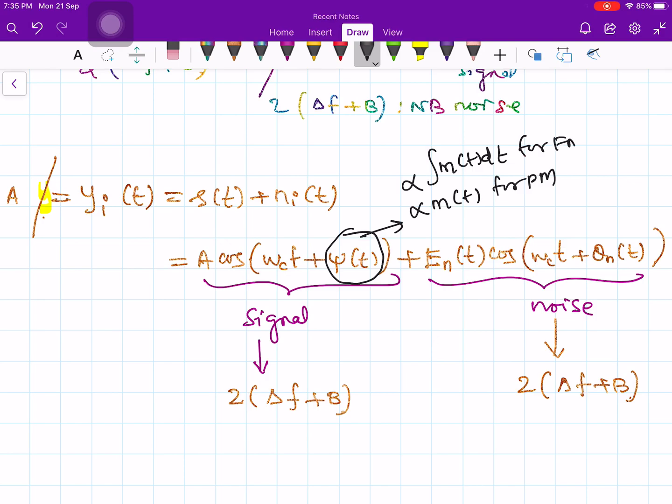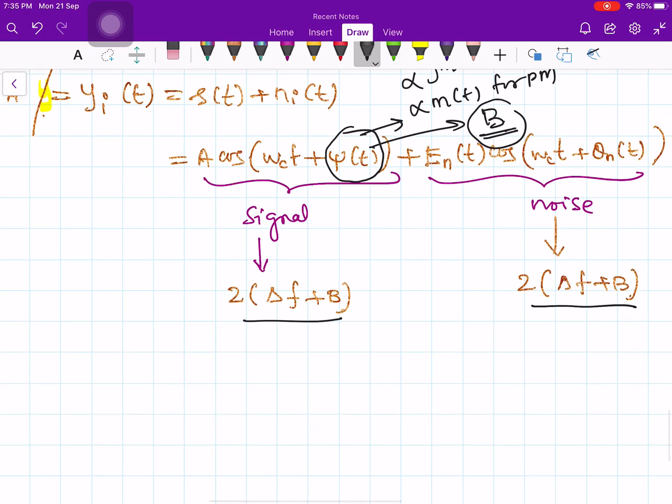Therefore, this psi of t has the bandwidth of how much? B hertz. Therefore, the signal component has a bandwidth of 2 times del f plus b and the noise has a very large bandwidth of 2 times del f plus b. But my message signal psi of t has the bandwidth of B hertz. Okay, so that's it.